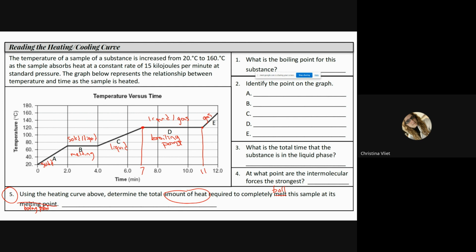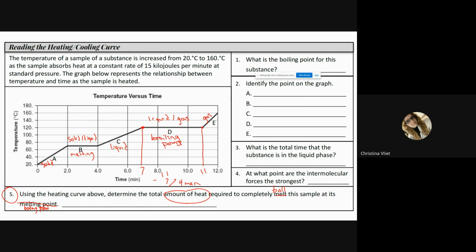Wait, why for 4 minutes? Great question. 7 minutes to 11 minutes. Well, how many minutes is it boiling? So you do 11 minus 7, a total of 4 minutes is boiling. The difference between these two times, because it starts boiling at 7 and it ends boiling at 11.